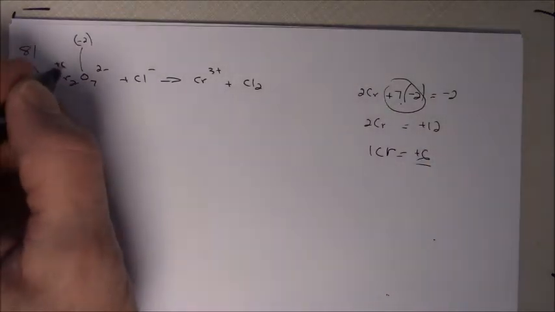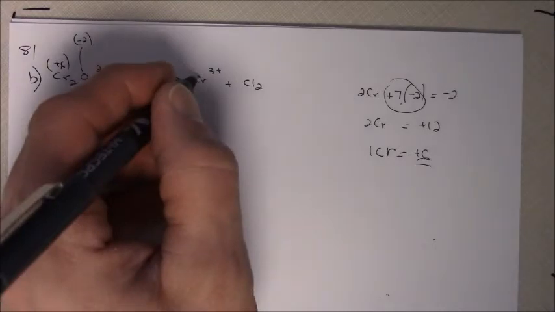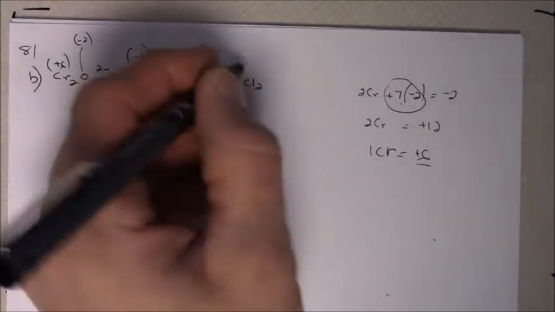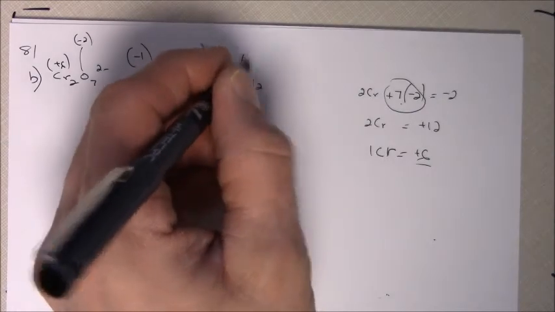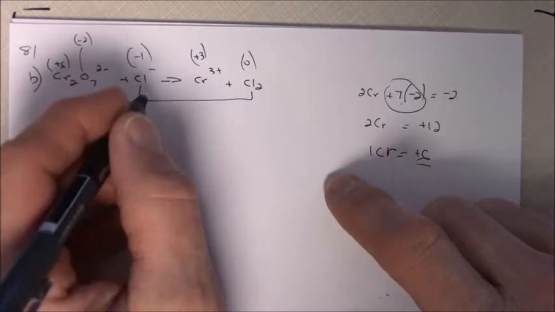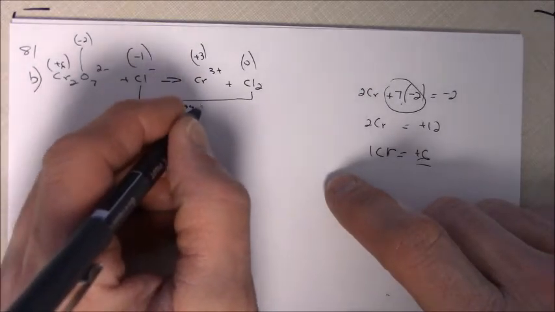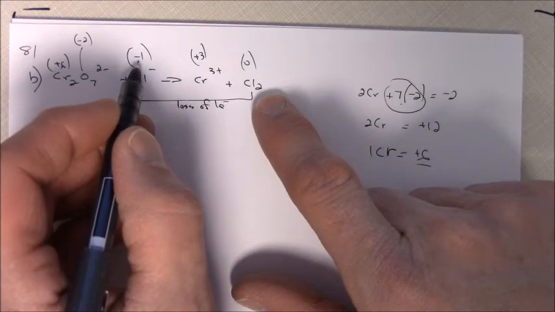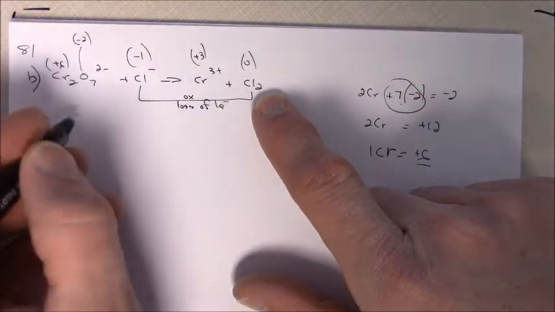So this is a plus 6 chromium. Over here, it's obviously plus 3. Chlorine is -1 here, and elemental chlorine has an oxidation number of 0. So chlorine has undergone a loss of 1 electron. So that's oxidation.